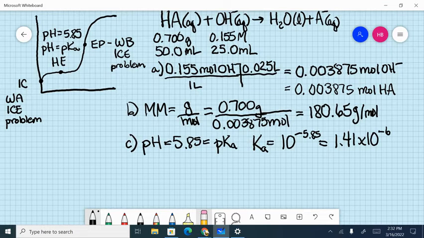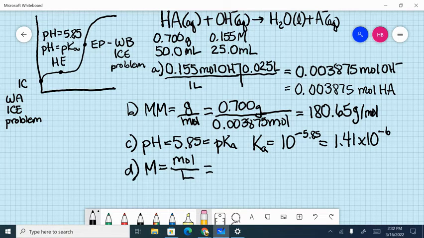D states, what is the concentration of the original 50 milliliters of solution of HA? Well, now we're going to do exactly the same thing as we did for molar mass. Remember that when they ask you for concentration, they're asking you for molarity. And molarity is moles over liters.